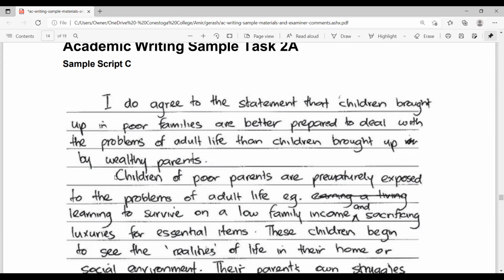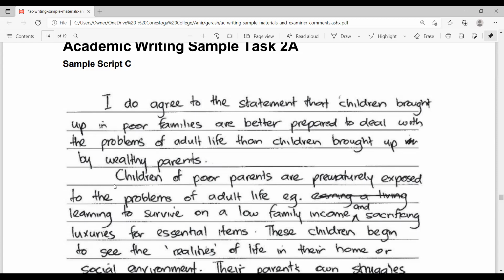The first paragraph is provided with examples and some sentences that are going to show that children who are in families with poor parents will have a better future, or will have better conditions, or will be well prepared in the future compared to those who are from well-off families.